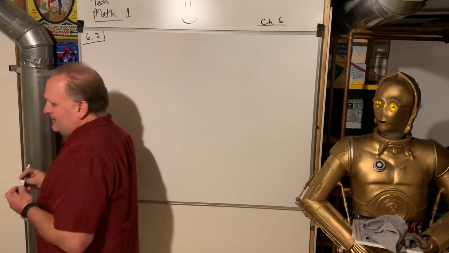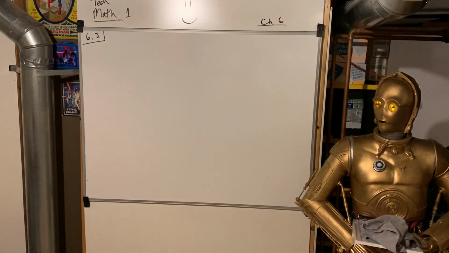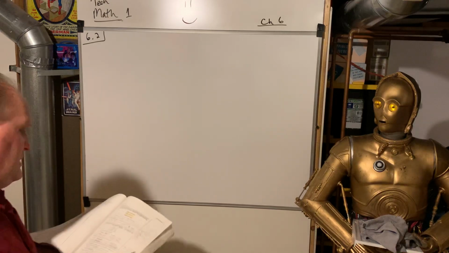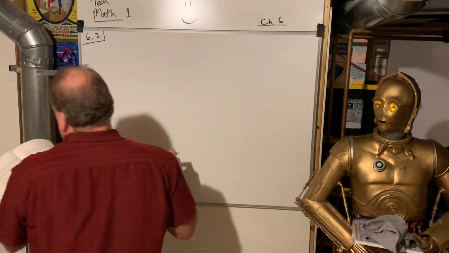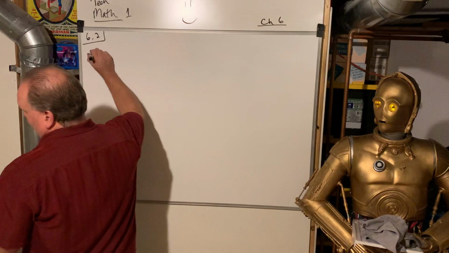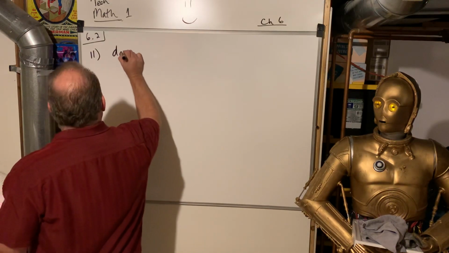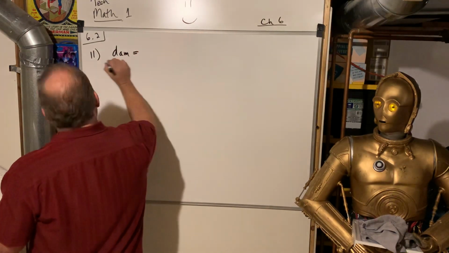That's all base 10. And you can change it off of the prefix. So let's take a look at number 11, first of all. So these are some weird ones.